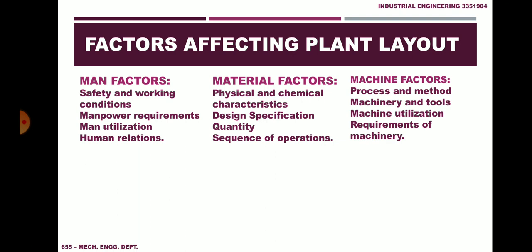Machine factor: process and method, which type of process we have done, which type of method we have used, machinery and tools. How much floor space is occupied by a machine or a tool also affects machine utilization as we discussed above, and the requirement of machinery as per our plan.